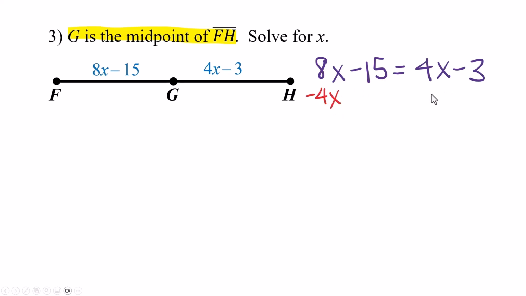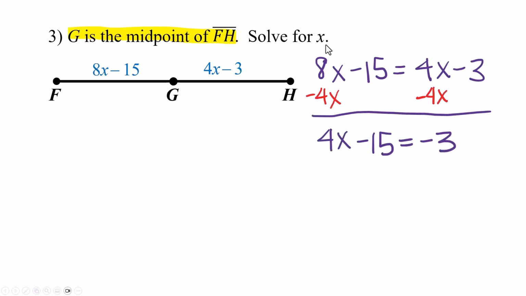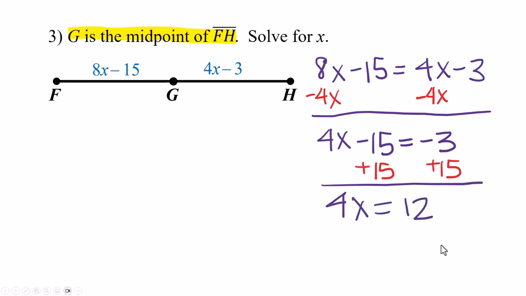So I'm going to take 4x away from both sides. When I do that, I end up with 8x minus 4x is 4x, minus 15 comes down, equals, these two are going to cancel out, and you're just left with the minus 3 on this side. Add 15 to both sides now, and we get negative 3 plus 15 is 12, 4x equals 12, x equals 3.